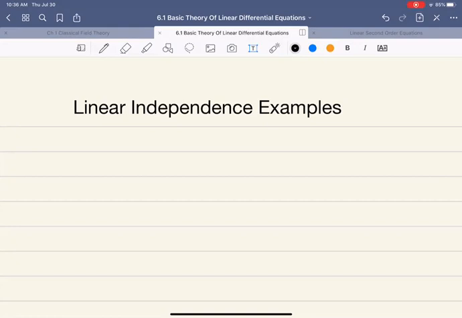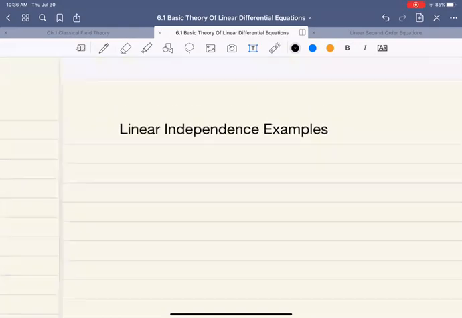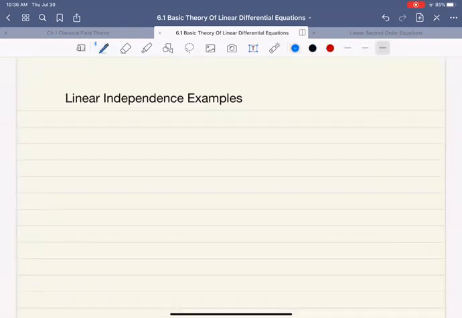First set: are the functions x, x squared minus 1, and 5 on negative infinity to infinity linearly dependent or linearly independent?